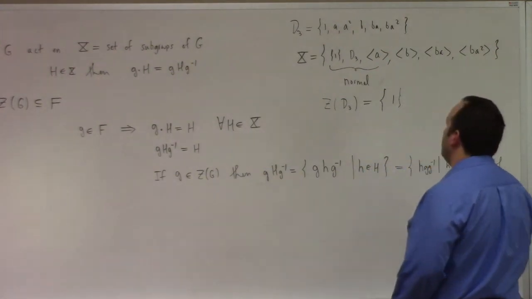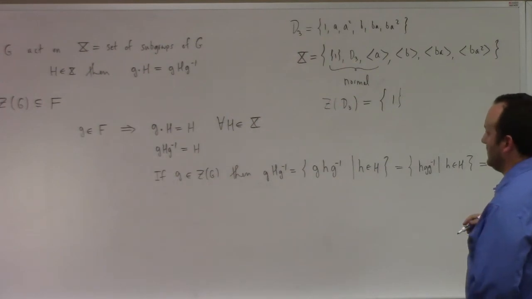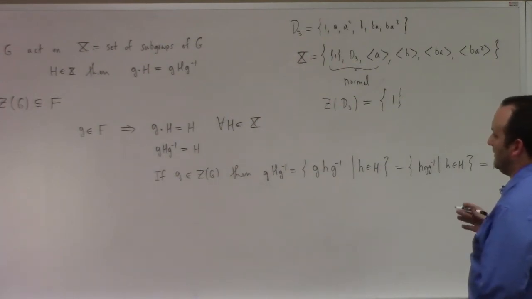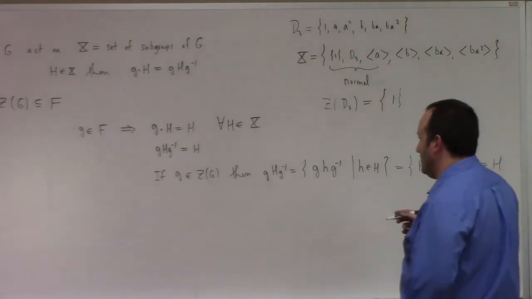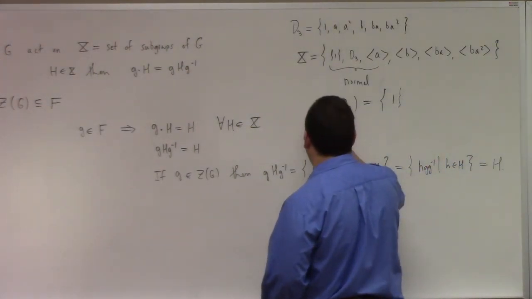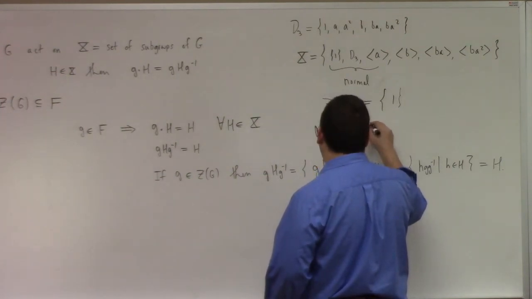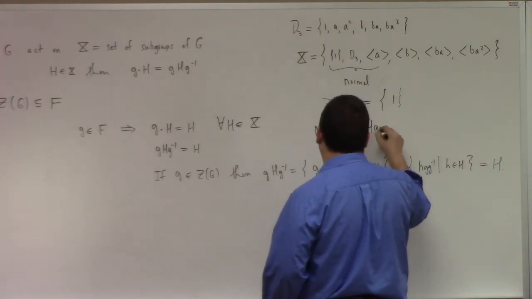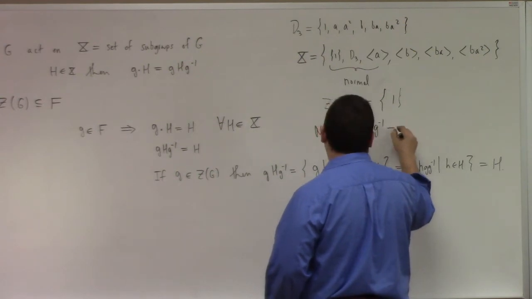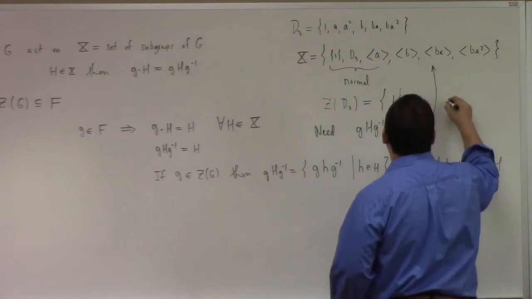Yeah. What is the fixer of the conjugation action on D3? So what do we need to be? For G to be in the fixer, we need G H G inverse to be equal to H again for all of these.